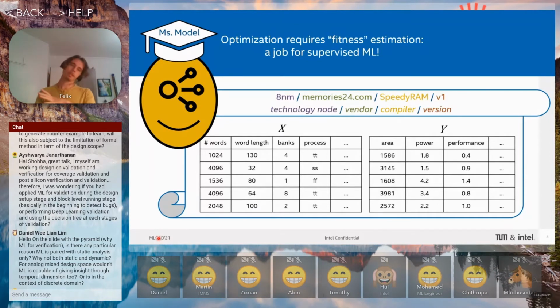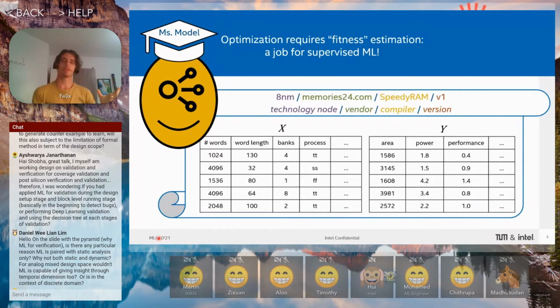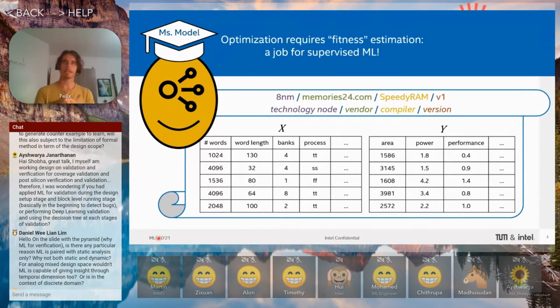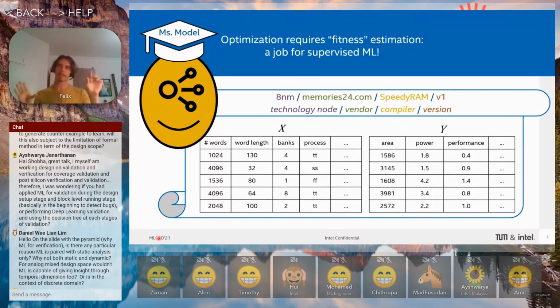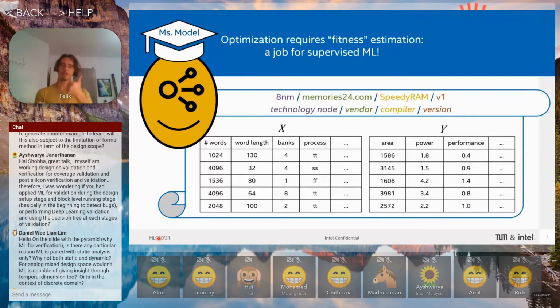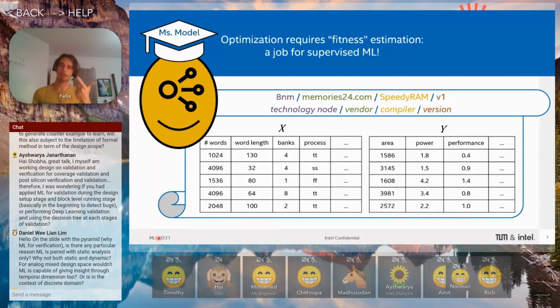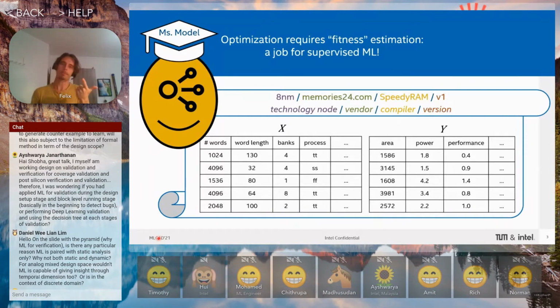From these input parameters, what we try to estimate are PPA variables. So these are, for example, the area, dynamic power consumption, static power consumption, and the performance or frequency. Now, as you can see in the headline of the scroll, basically this data set of x and y, we obtain this for a certain technology node, a certain compiler vendor or EDA vendor, a certain type of compiler.